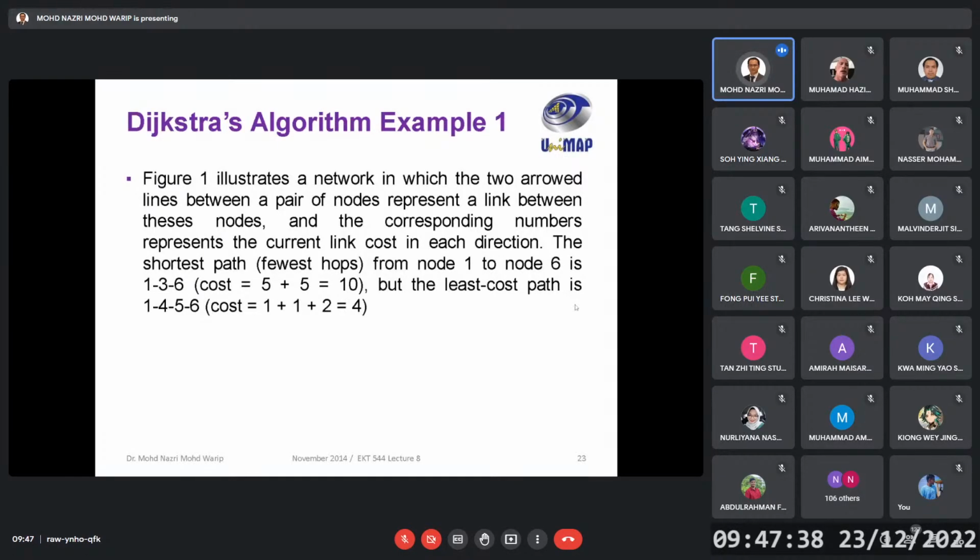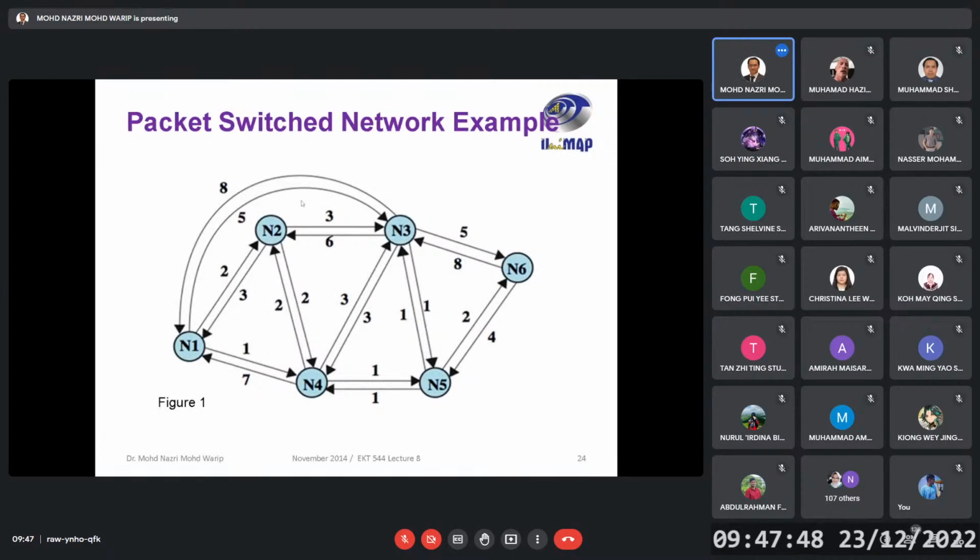Cukup lah. Kita bagi satu example lah. Dijkstra algorithm example 1, Figure 1. Okay, so this is the figure lah. Node 1, node 2, node 3, node 4, 5, 6.